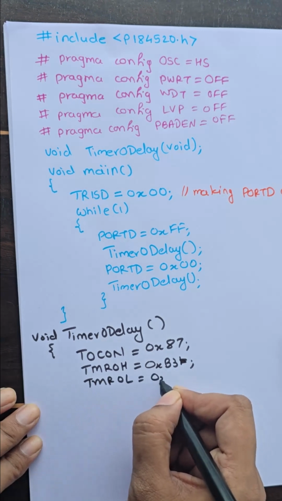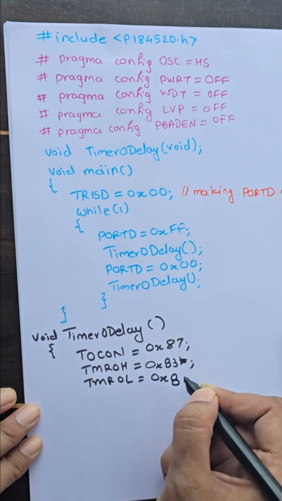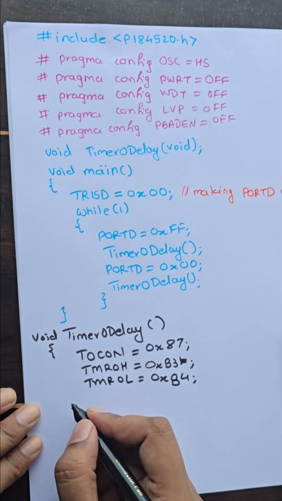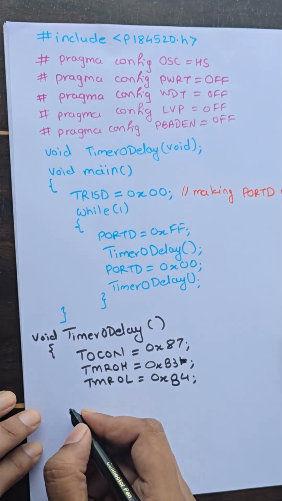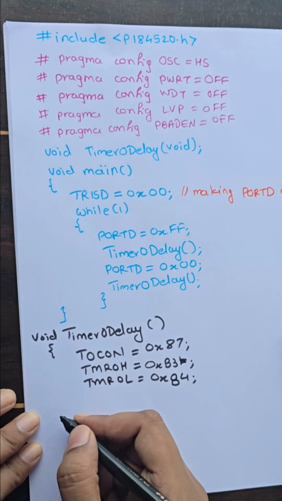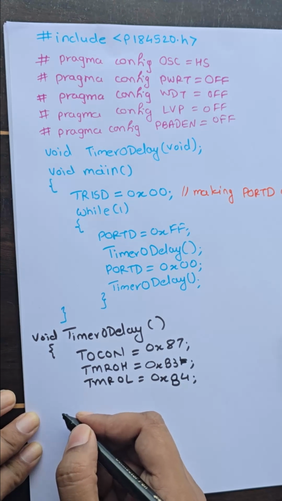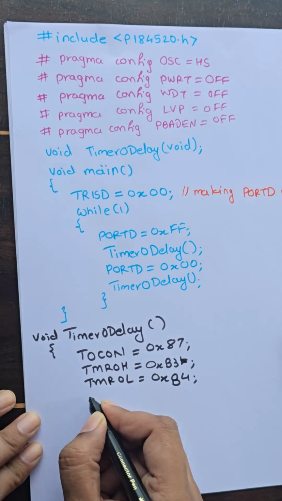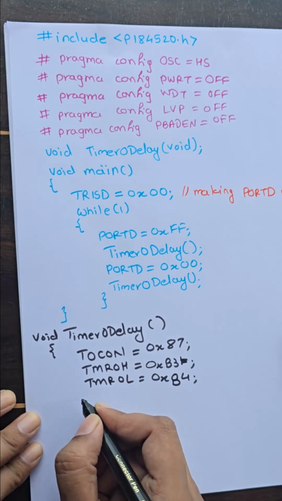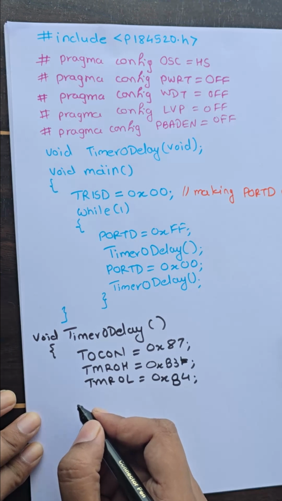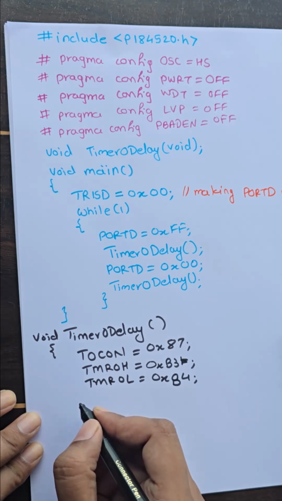TMR0L is loaded with 0xB4. After that, we have to make the TMR0IF bit off. The TMR0IF is the overflow flag for timer 0, and that bit resides in the INTCON register.